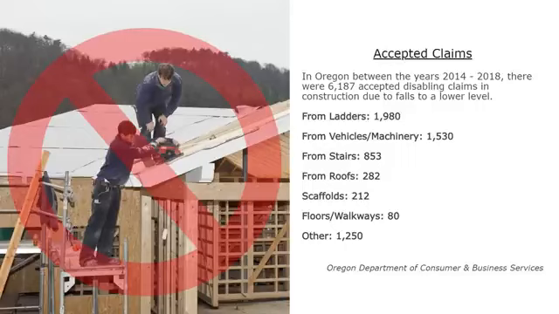Number 3, stairs, 853. Number 4, roofs, 282. Number 5, scaffolds, 212. Number 6, floors and walkways, 80. And other, 1,250. Source, Oregon Department of Consumer and Business Services.